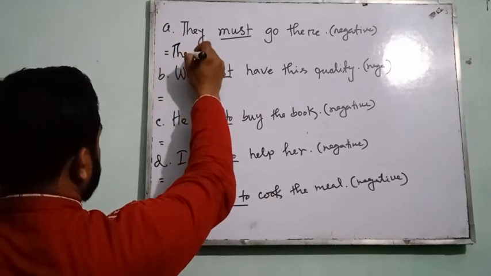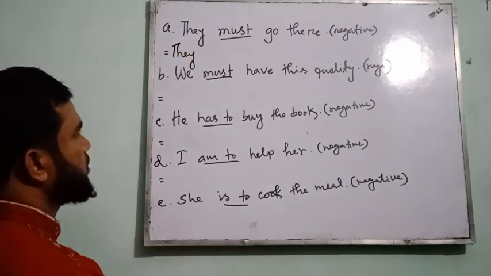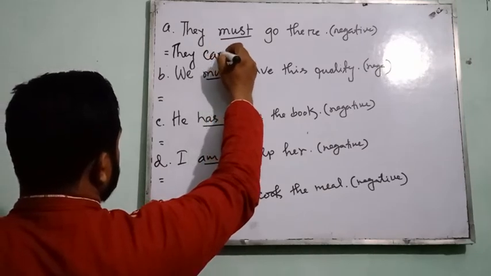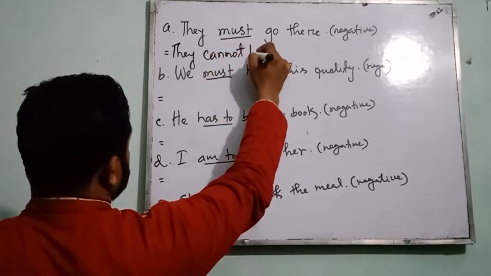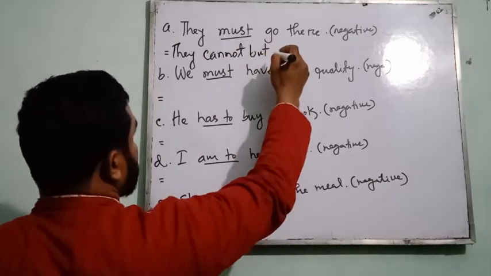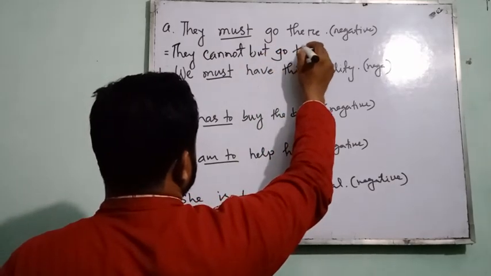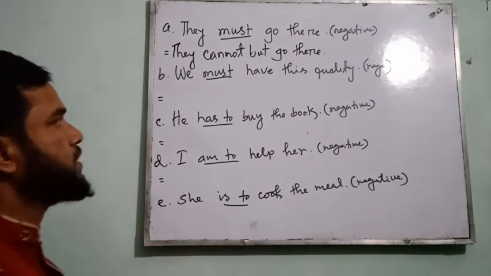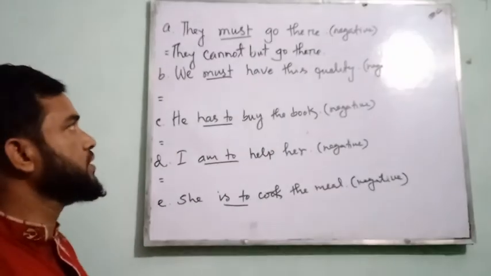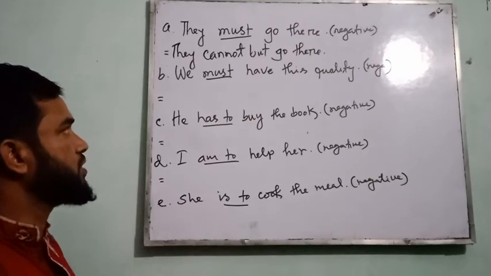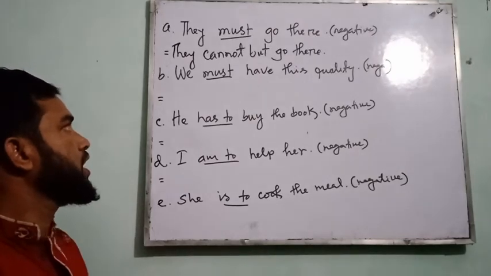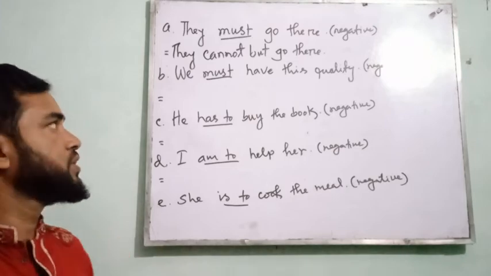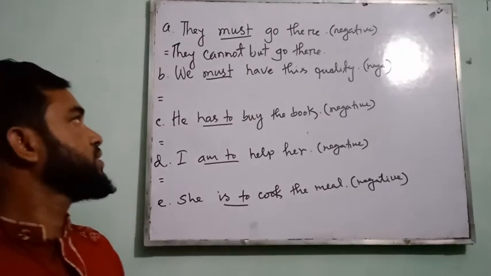They must go there, and we will write they cannot but go there. Okay, this is the answer of question number A. And question number B, we must have this quality.